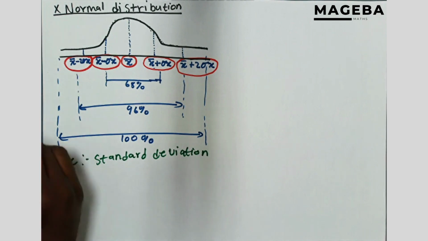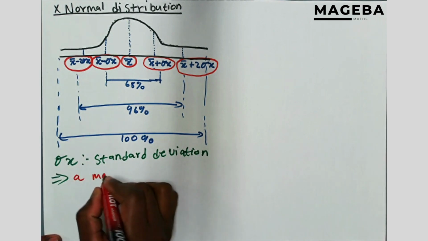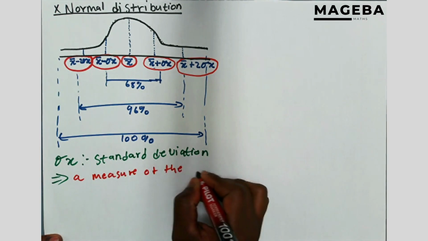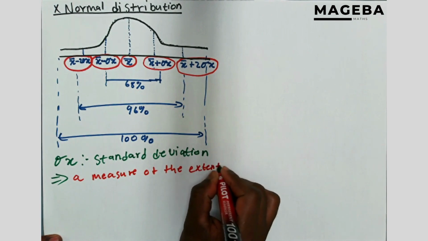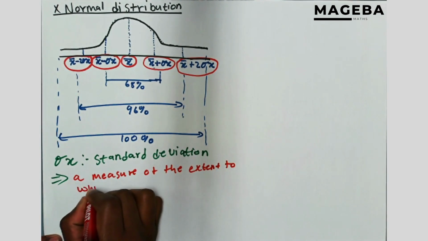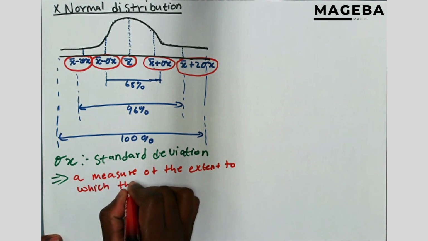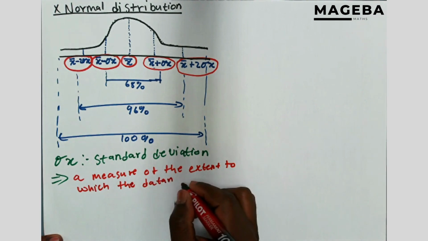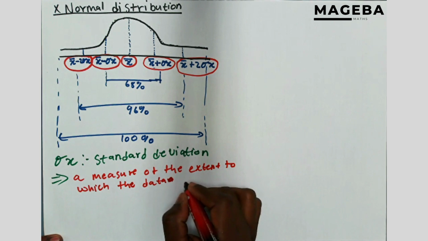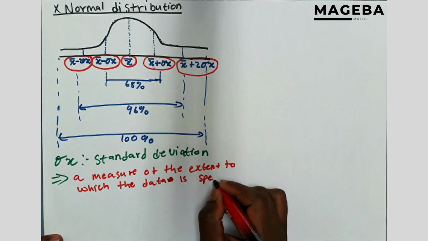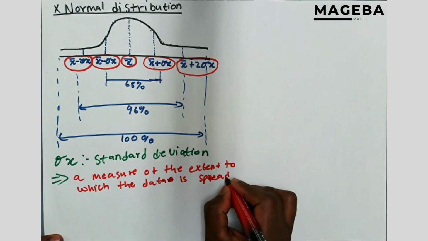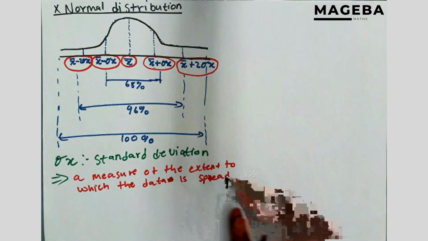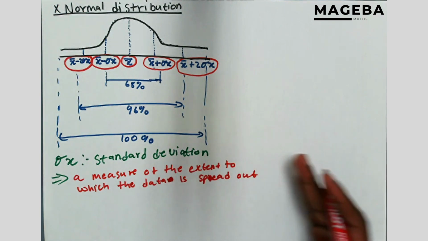The standard deviation is a measure of the extent to which the data is spread out.